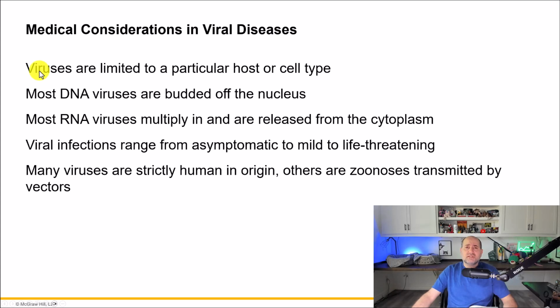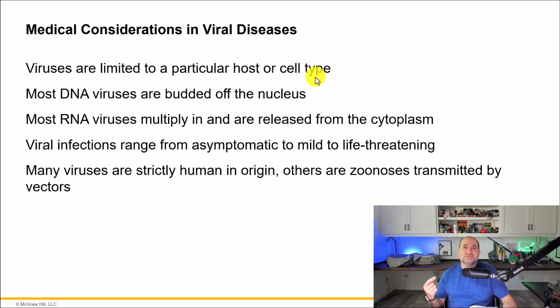One thing you should realize about viruses is that viruses are limited to a particular host or cell type. Some viruses only infect humans. Some viruses can infect mammals. Some viruses only infect primates. Not only that, but the virus can also be tissue specific.